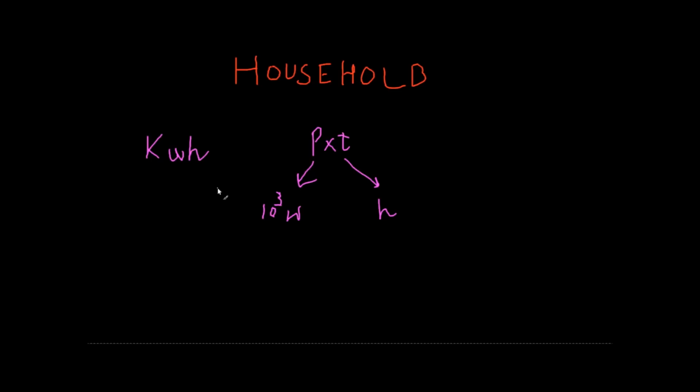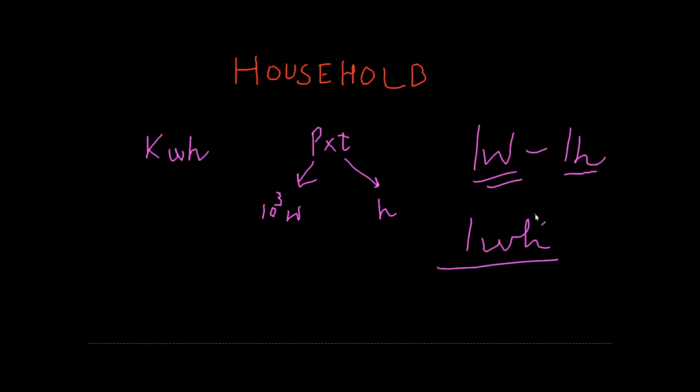As the book tells you, 1 watt hour is the electrical energy consumed by an electrical appliance of power 1 watt when it is used for 1 hour. So if I have an appliance which has 1 watt written on it, which is the rating of the appliance, and I use it for 1 hour, then the bill that comes to my house is calculated in watt hour. So that's what electrical energy really means.